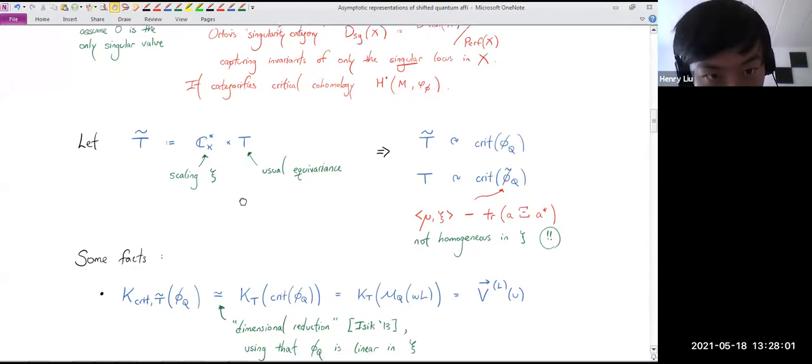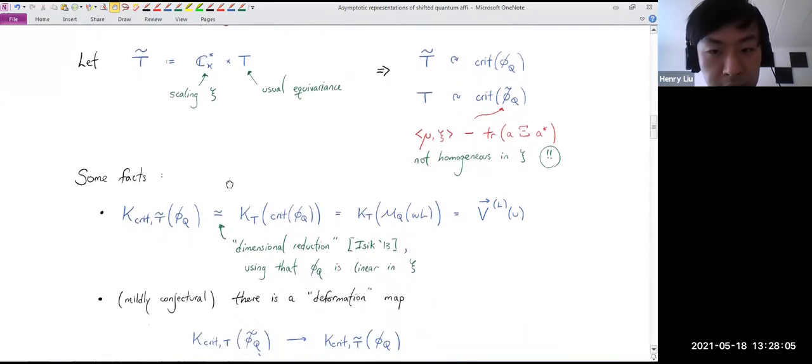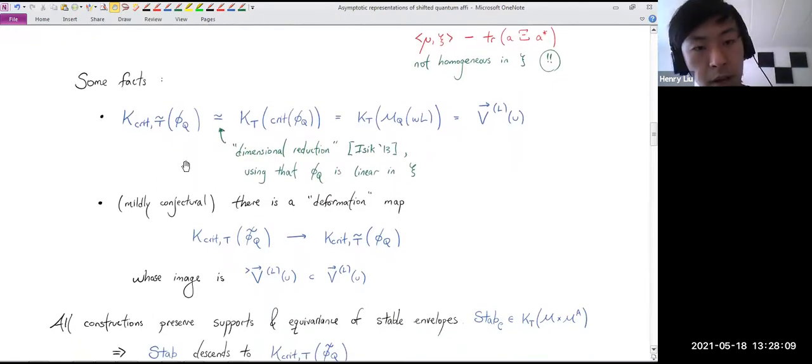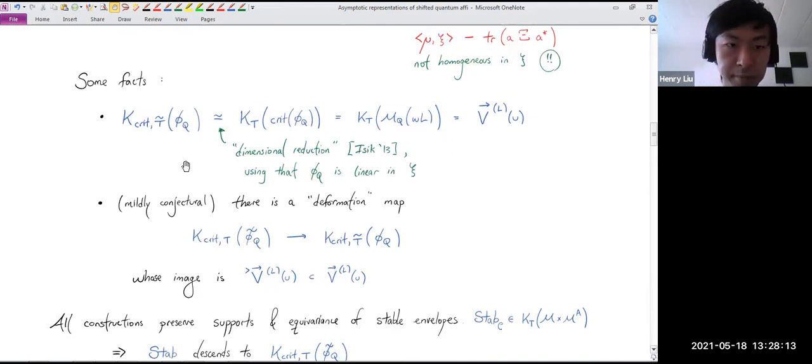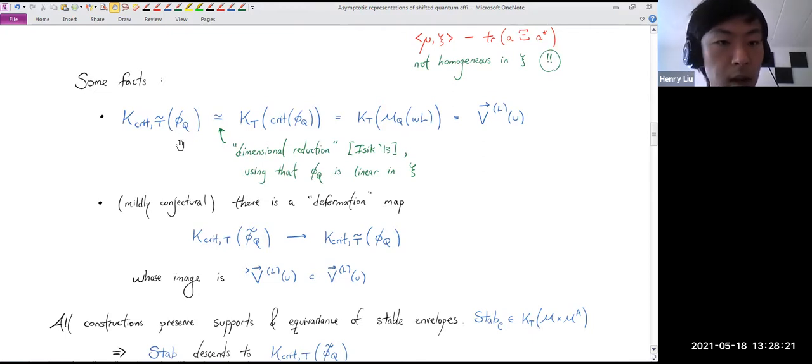Okay, so that said, now that we know there's a larger torus going on, I can state some facts. The first fact is perhaps not super surprising: if we think of the original potential, the one defining the Nakajima quiver variety, the critical K-theory of that potential really just is the regular K-theory of the critical locus.